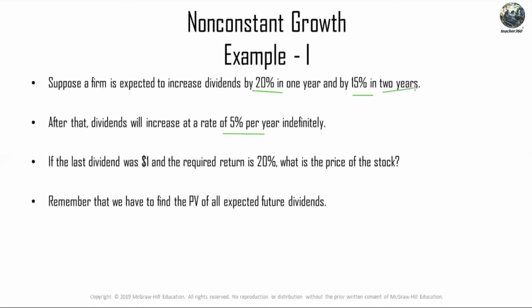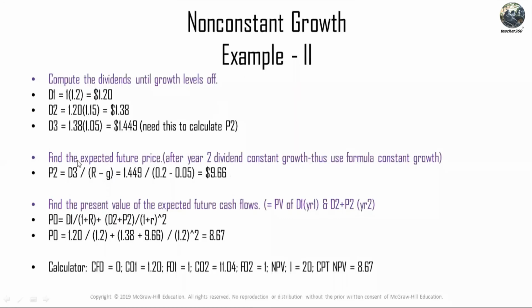After year 2, the growth rate is constant. That is why now we'll find the share price for year 2, equal to D3 divided by R minus g.